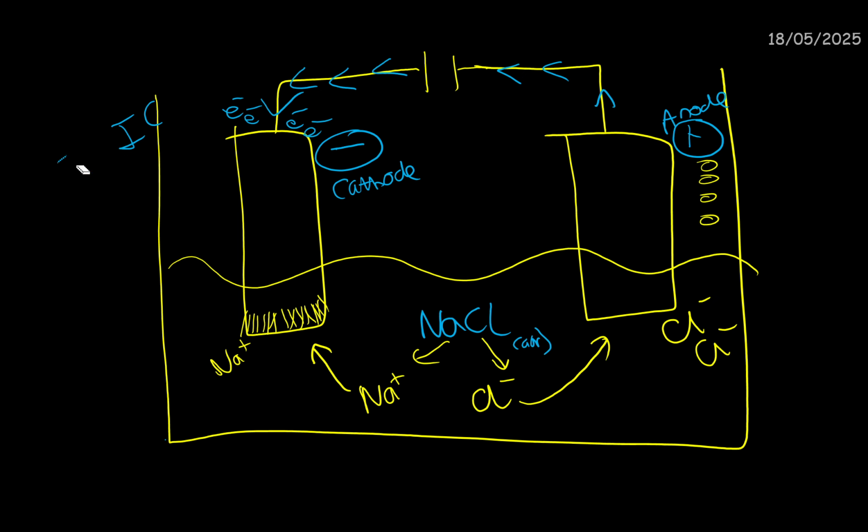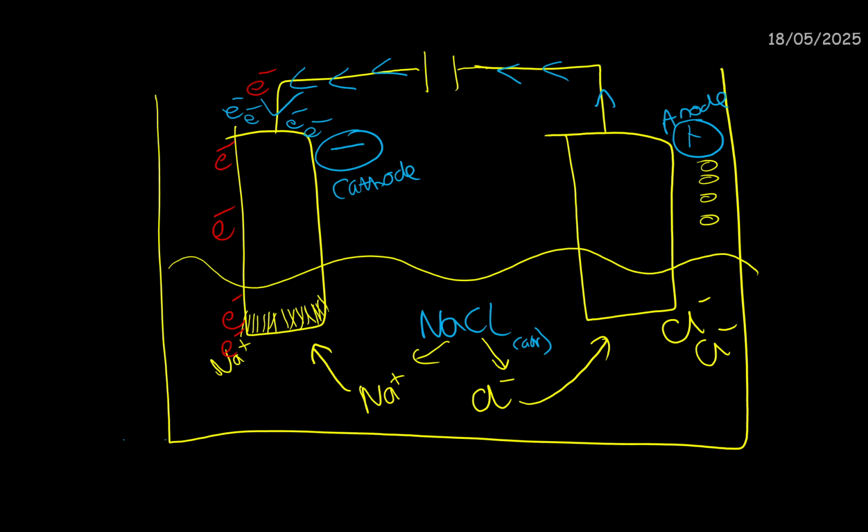The other thing that you need to know about this is how we write half equations. So we need to know about OIL RIG. David, what does OIL RIG mean? Loss of what though? Electrons, yeah? Oxidation is loss of electrons, reduction is gain of electrons. If all the electrons are flowing this way, and they're flowing into Na+, which is gaining electrons?